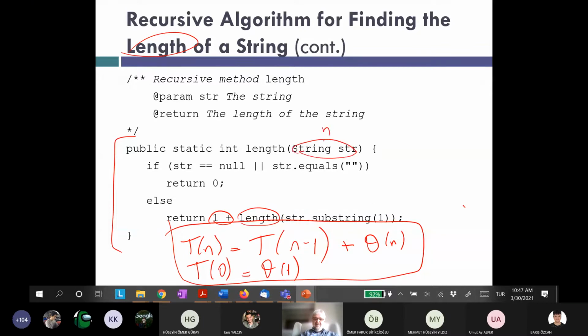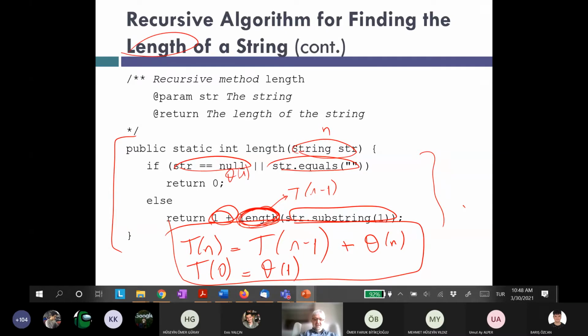If the size is n, for the recursive call, the size is n minus 1, right? So the running time of this recursive call is T(n minus 1), right? So the overall running time is the recursive call, finding the substring, adding 1, checking whether the string is null, and checking whether this string equals the empty string, right?